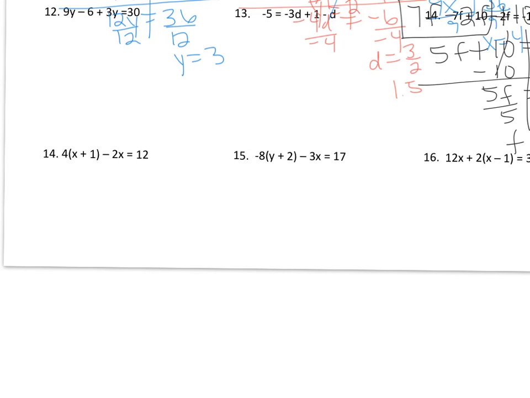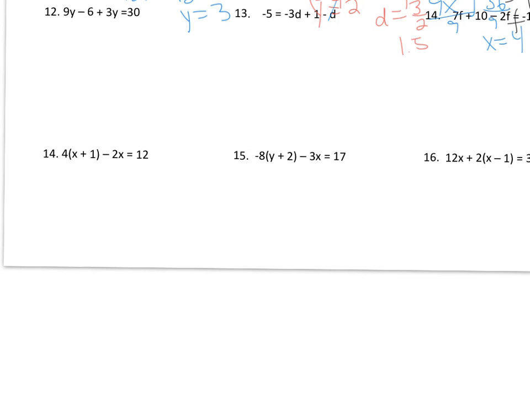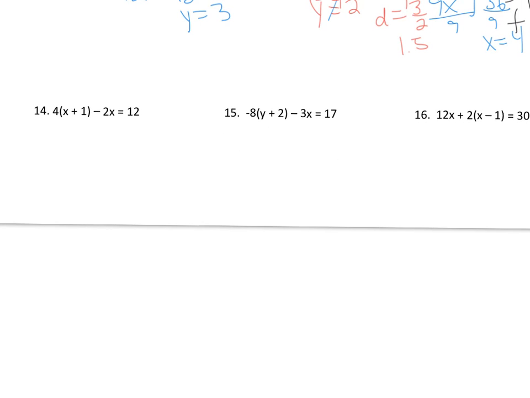These last three are a little different because you can see that they all have not only the distributive property, but once you do the distributive property, you've got to also use the commutative property. So I'm seeing distributive first, so I'll do 4 times x is 4x, and 4 times positive 1 is positive 4. Now I need to use the commutative property to move my like terms of 4x and minus 2x together.